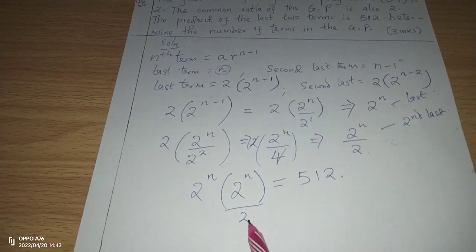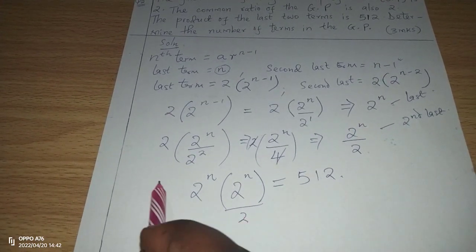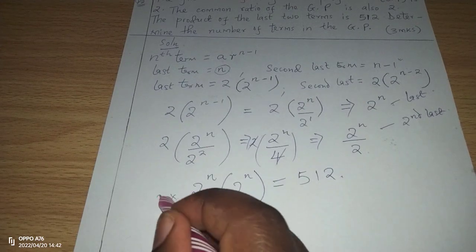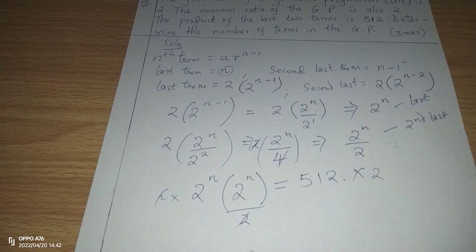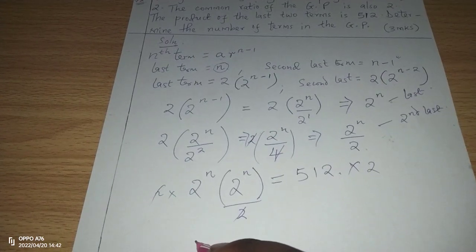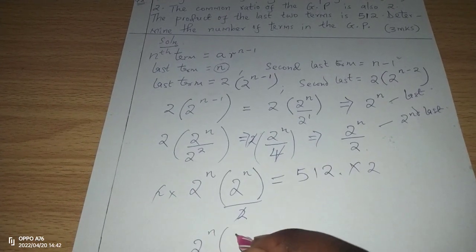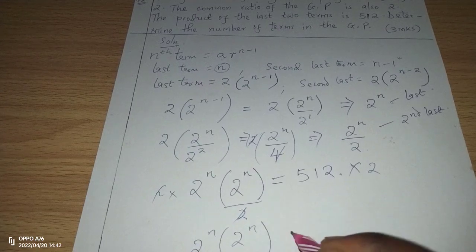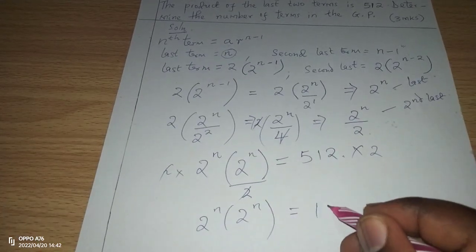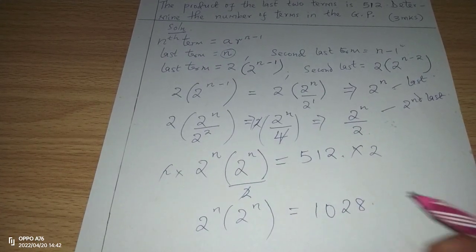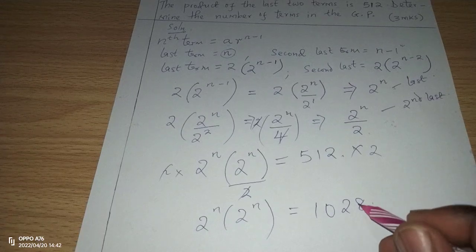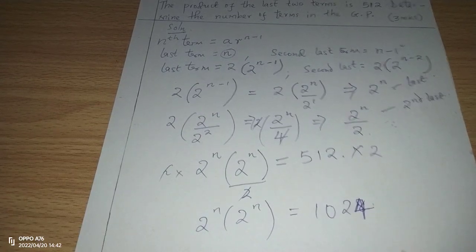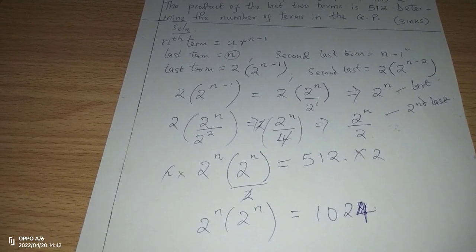To do away with the division by 2, we multiply both sides by 2, so that 2 raised to n into 2 raised to n is equal to 1024 when we multiply 512 by 2. 1024, sorry. 1024.